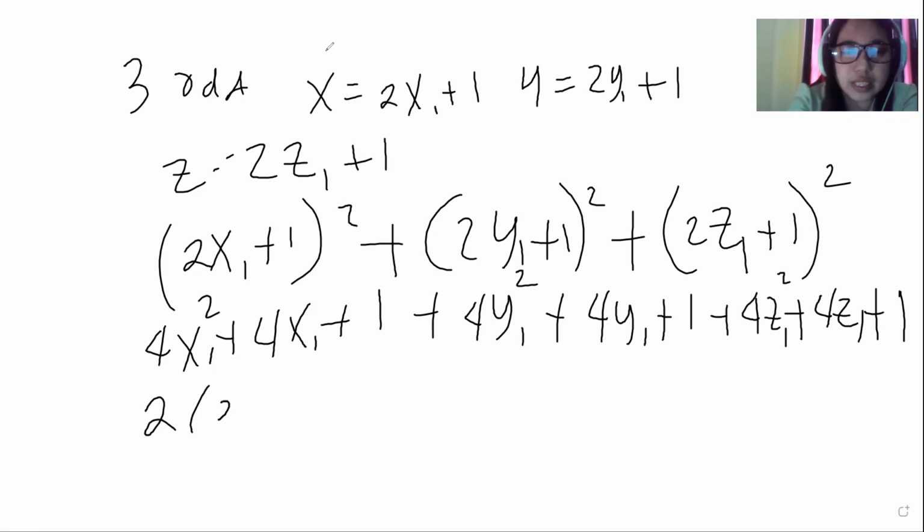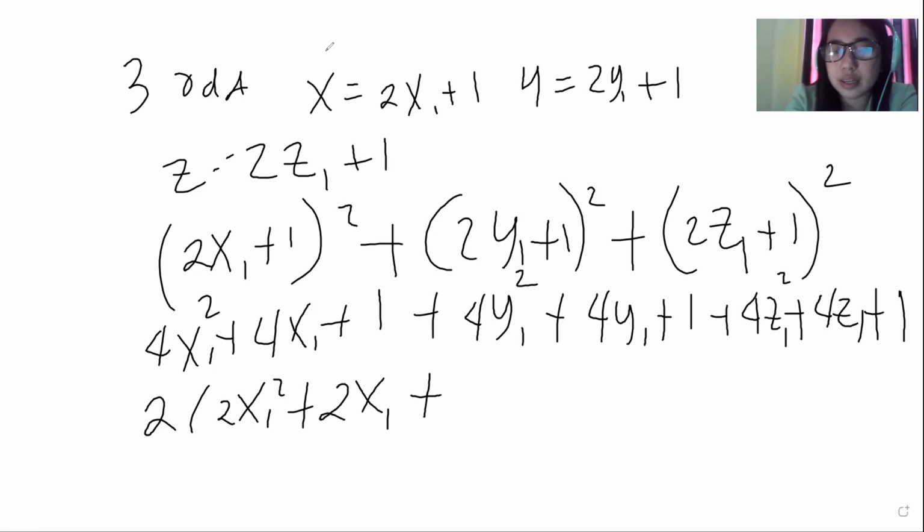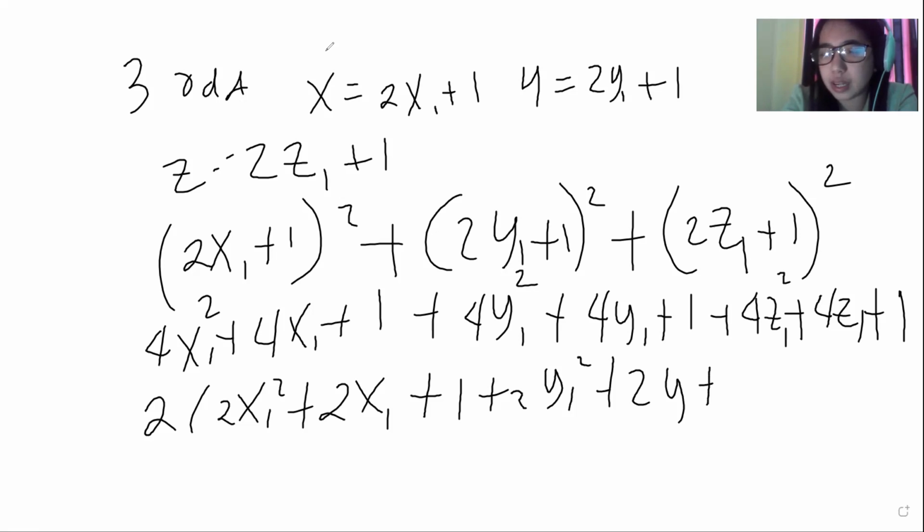What is left inside is 2x sub 1 square plus 2x sub 1 plus 1, plus 2y sub 1 square plus 2y sub 1, plus 2z sub 1 square plus 2z sub 1, and then plus 1.